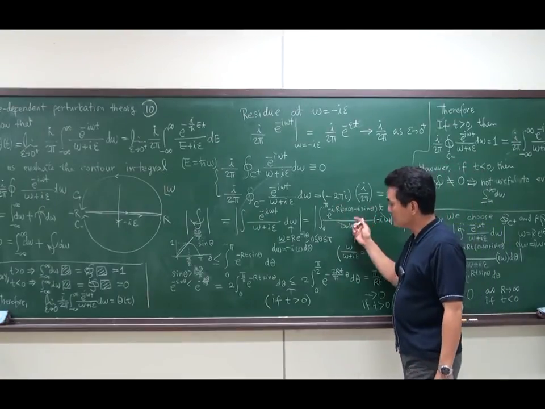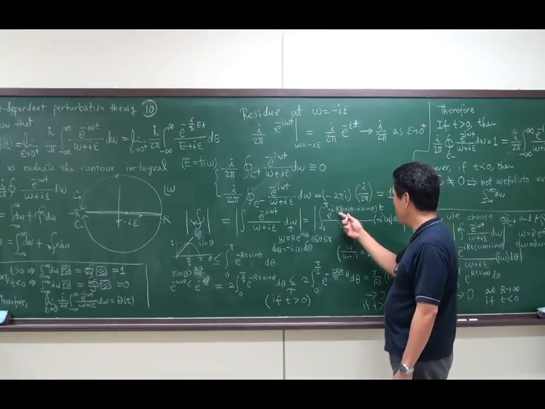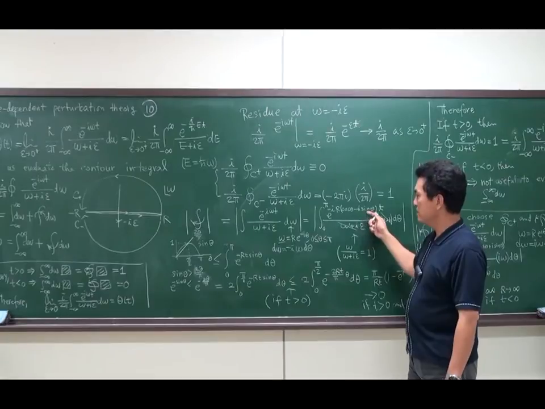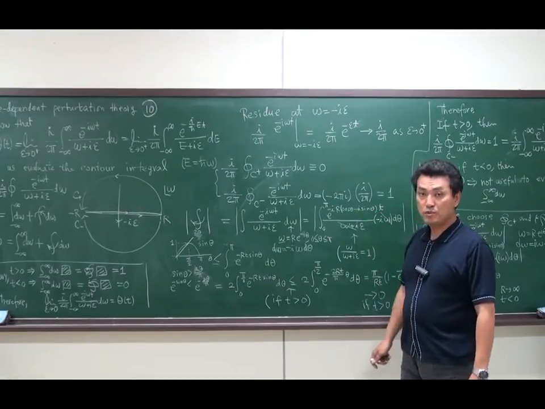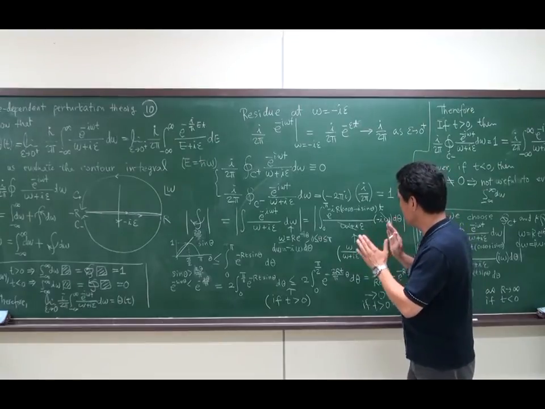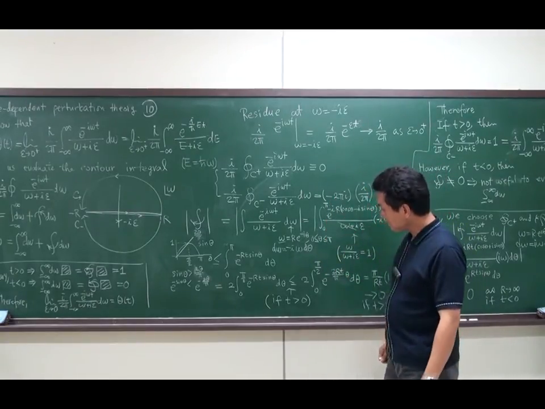What I have is minus i, so minus r t sine theta is the only useful contribution in the absolute value.